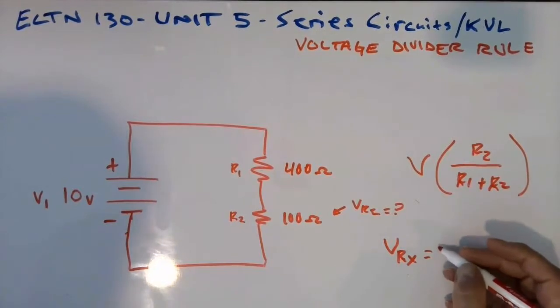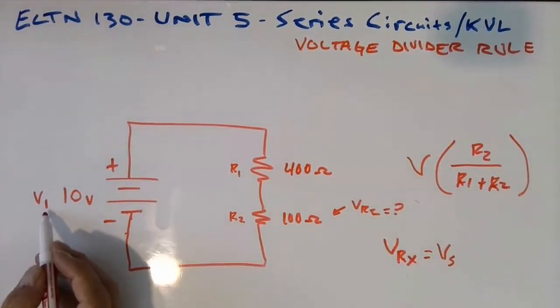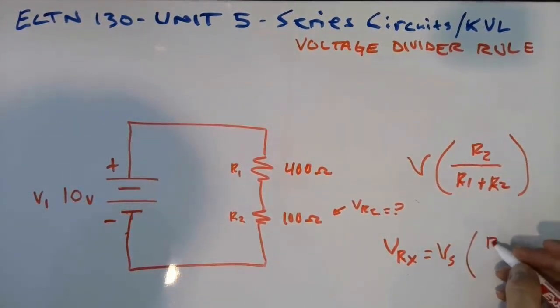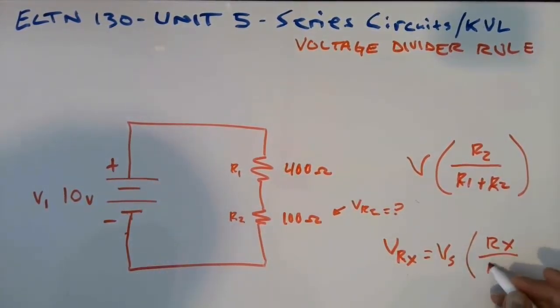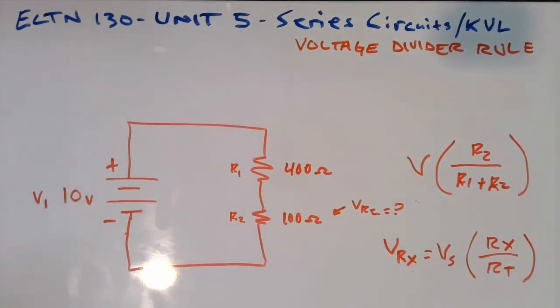We can say that's equal to V, the source voltage, which is V1, times Rx, whatever the resistor that we want to measure, divided by RT, the sum of all of those resistances. This formula is super cool because we do not need to actually measure any currents to figure this out.